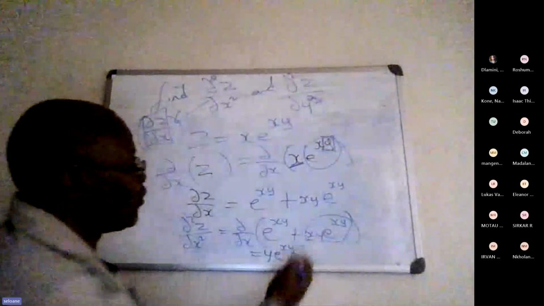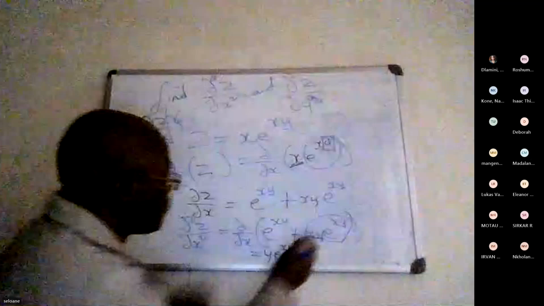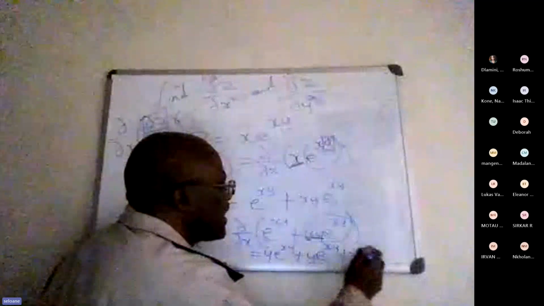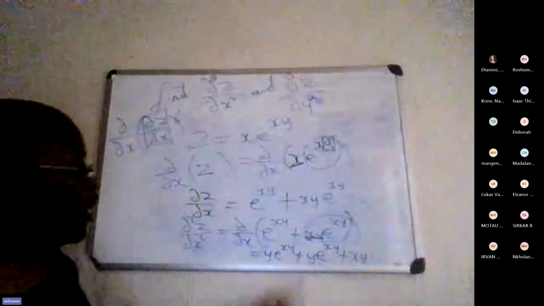Now you differentiate this. It will be the derivative of this with this one fixed, plus 1. Now you are fixing xy, multiplying by the derivative of this exponential function, not forgetting that y is a constant. Therefore, the answer will be y e exponent xy.